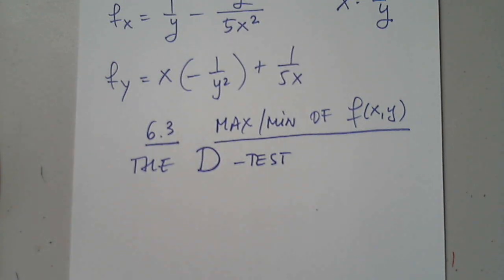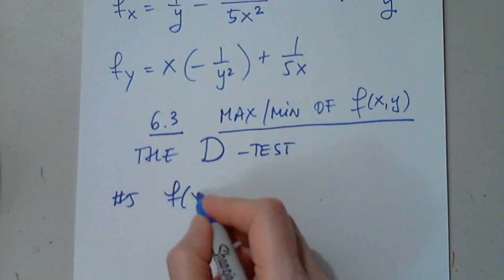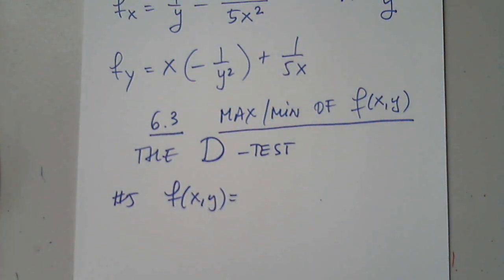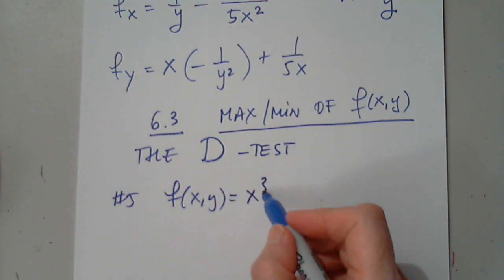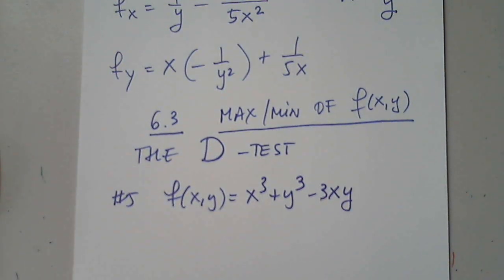I'm going to just choose a function, in which we have f of x comma y equals x cubed plus y cubed minus 3xy. So what we have to determine is something called the D test.